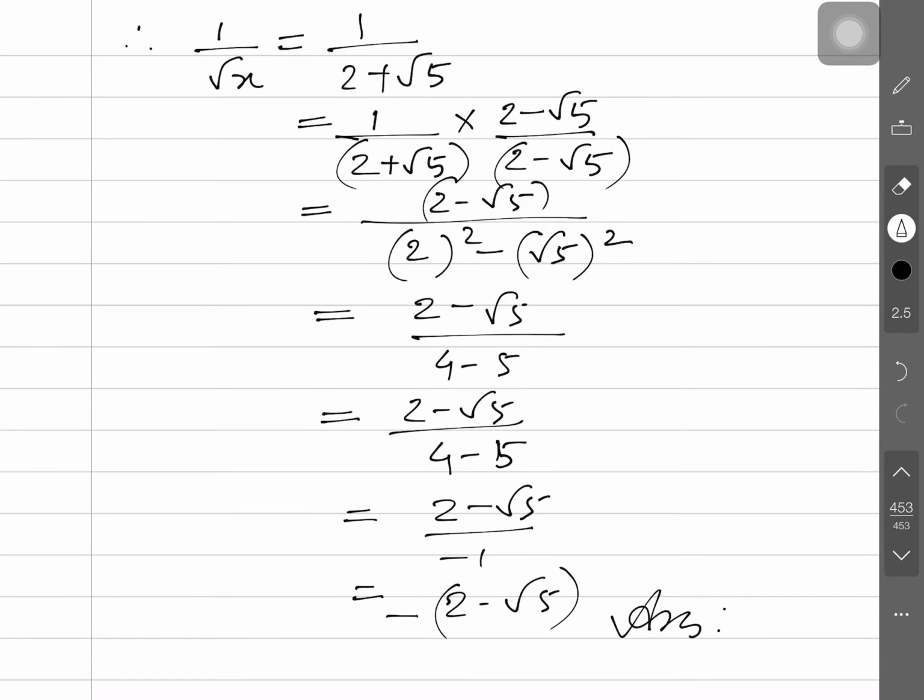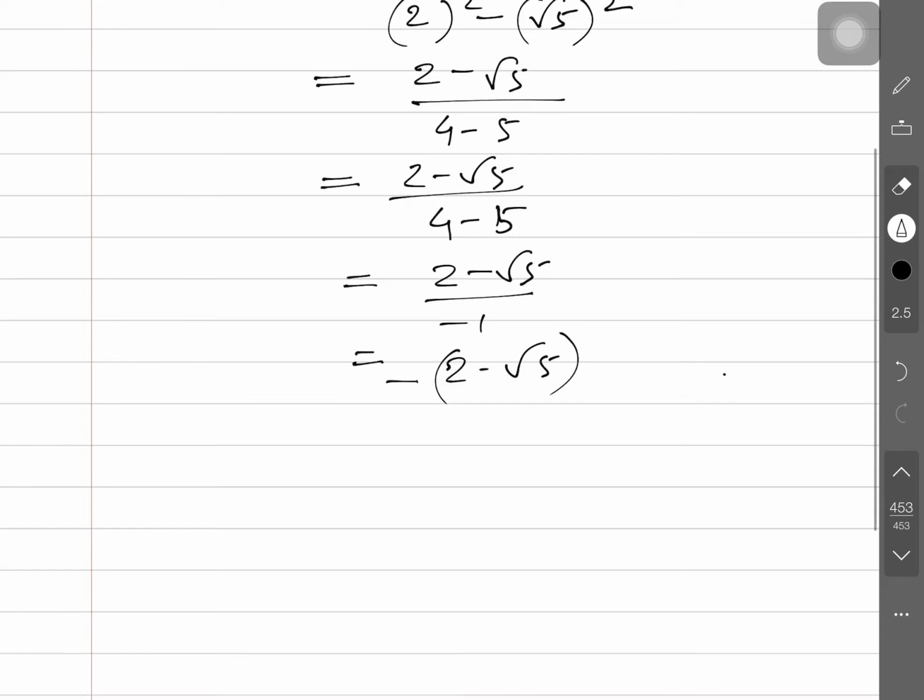You can change the sign also. Is that there? This is the value of what? No, it's not the answer. This is the value of 1 by root x. So we have to find therefore root x plus 1 by root x. So 2 plus root 5 and minus, sorry, what is that?